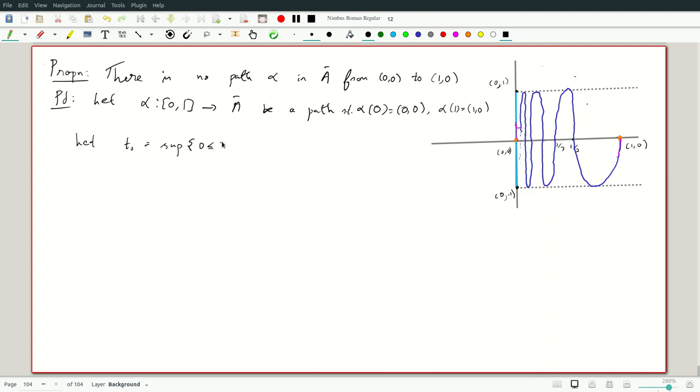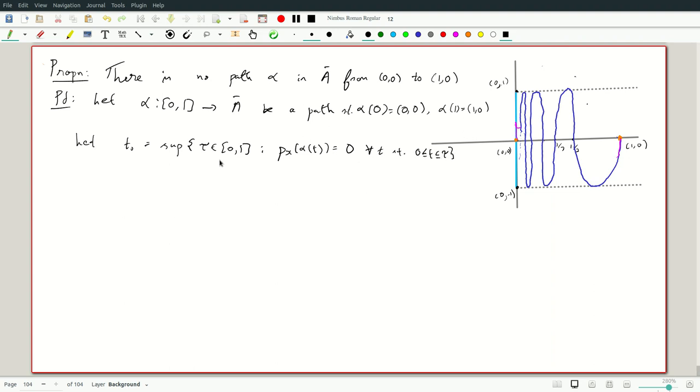So we take the largest point, the supremum of all those points tau in [0, 1] such that Px, that is the x coordinate of alpha of t, is equal to 0 for all t such that 0 is less than or equal to t is less than or equal to tau.